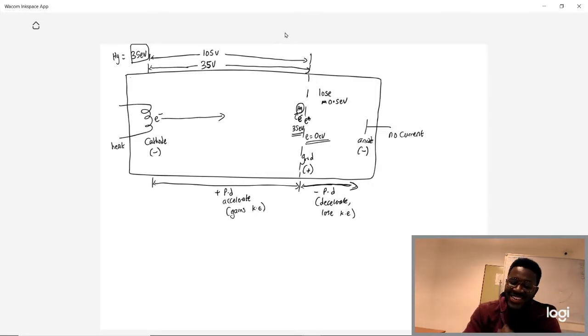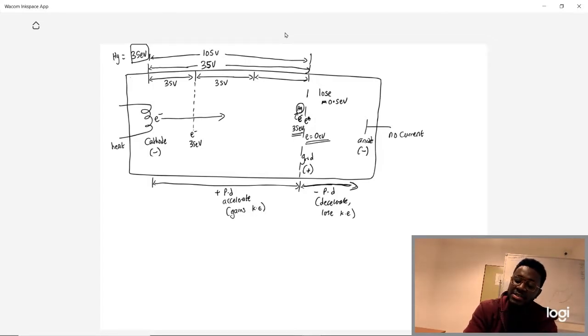No, no, no. Don't forget, 105 volts is the same thing as 3 times 35. That means at this point here, the electron will have exactly 35 electron volt energy.